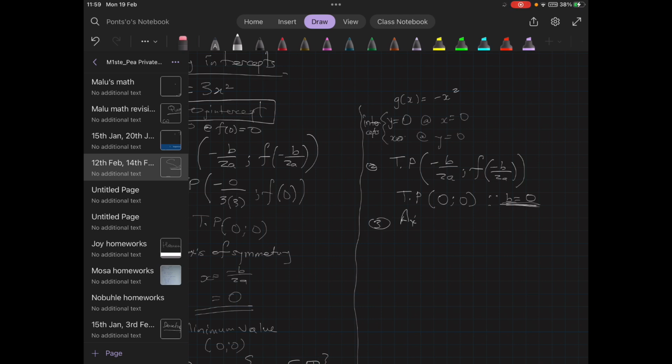3. Axis of symmetry. Like I was saying earlier, the best way to think about it is to say it is the x value that corresponds to the turning point, which is an x value that runs up and down along, like on the number line of x, that point also runs vertically like that.